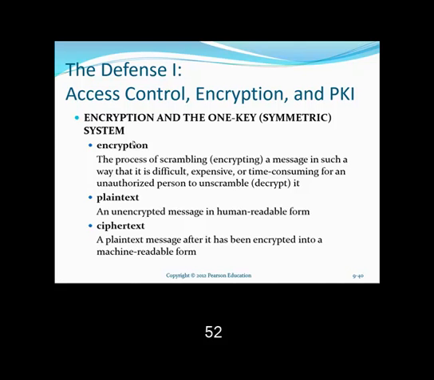A special encryption system for e-commerce is the PKI, the public key infrastructure, which is the cornerstone of secure e-payments and communication, and can also authenticate the parties in a transaction. Just now we were talking about authentication with a password.